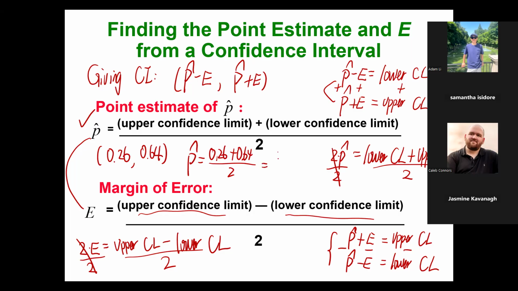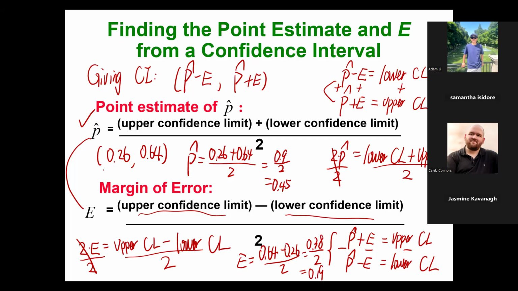So this is 0.9 over 2, so it's 0.45. And then the margin error is 0.64 minus 0.26 divided by 2. This is 0.38 over 2, so it's 0.19.